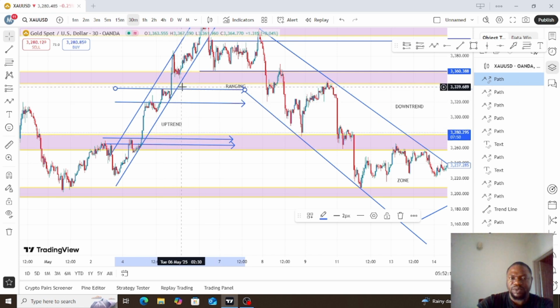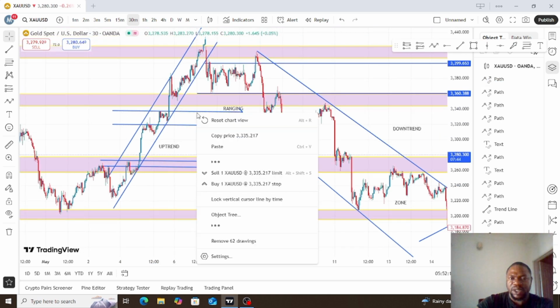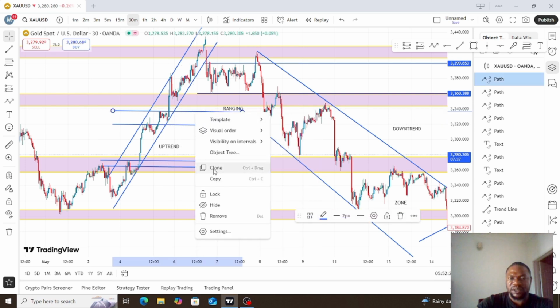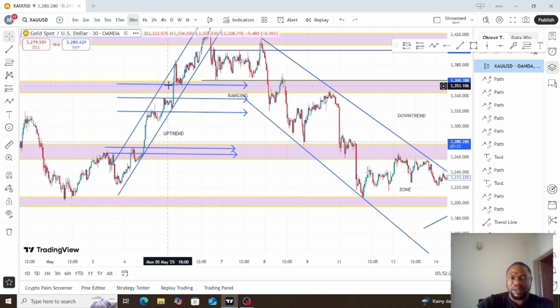You see the structure it broke here, went up. So you see the practical example of what I was telling you on the line chart.